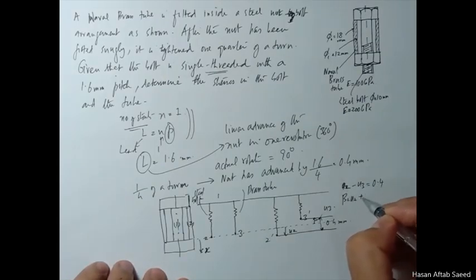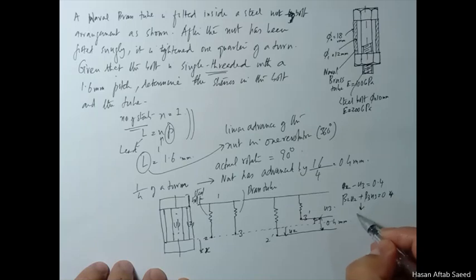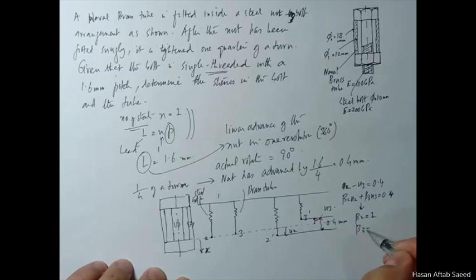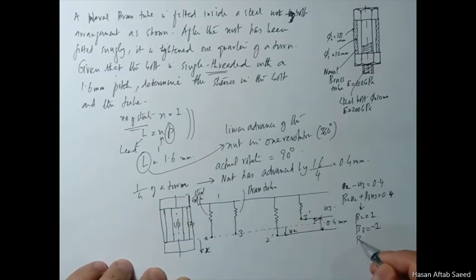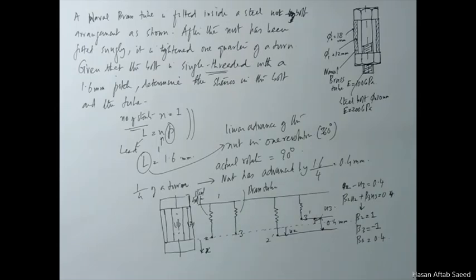Beta 2 u2 plus beta 3 u3 is equal to beta naught, which means that beta 2 for our case is 1, beta 3 for our case is minus 1 for this kind of loading, and beta naught is 0.4. That is all. So this is how multi-point constraint questions appear.